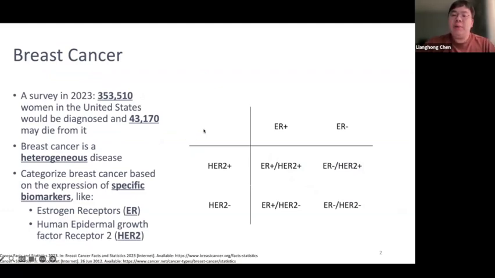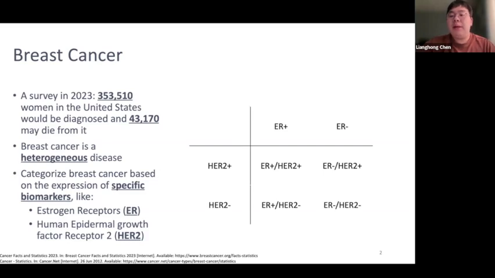The treatment of breast cancer is complex due to its heterogeneity. The heterogeneity of breast cancer refers to the diversity observed in breast cancer tumors at the genetic, molecular, and clinical level.